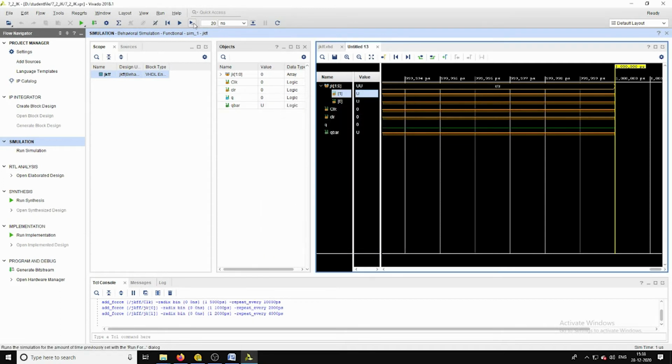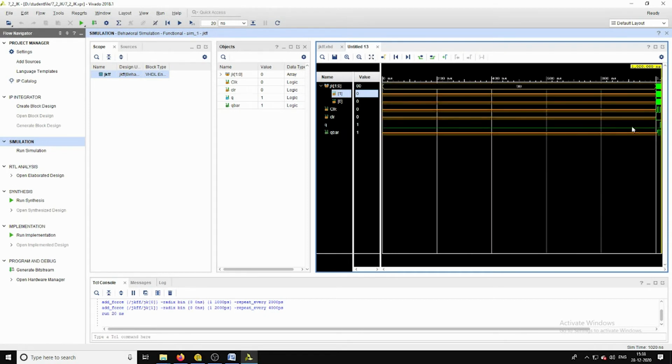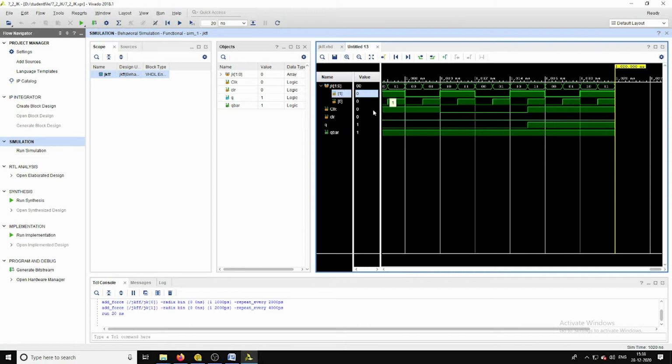If we run this code, see the input combinations are, we have considered in the same order 0 0, 0 1, 1 0 and 1 1, and based on the event of this particular clock, we are going to obtain its corresponding outputs for this JK flip-flop.